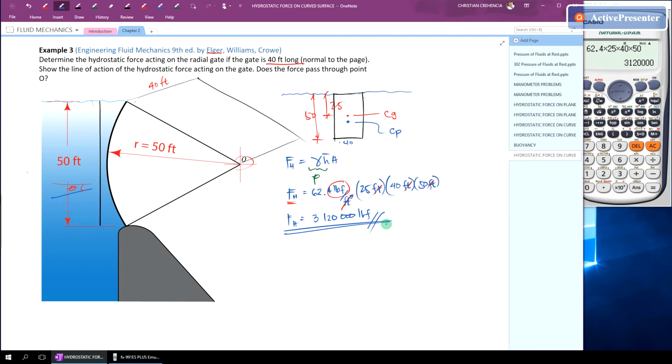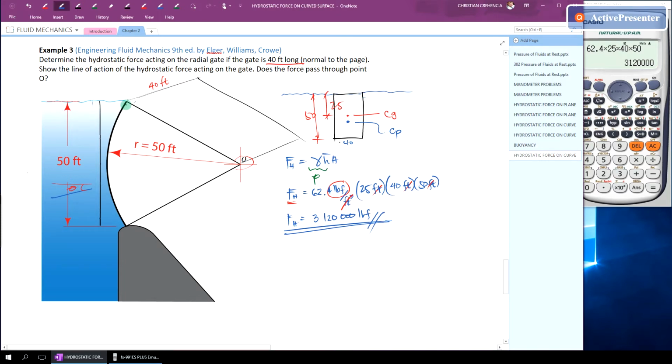Okay, so next is para dun sa vertical component naman. As we have discussed dun sa previous lectures natin, the vertical component of the hydrostatic force is equal to the weight of the liquid. It can be directly above or, hindi natin sabihin indirectly above, nung surface natin.